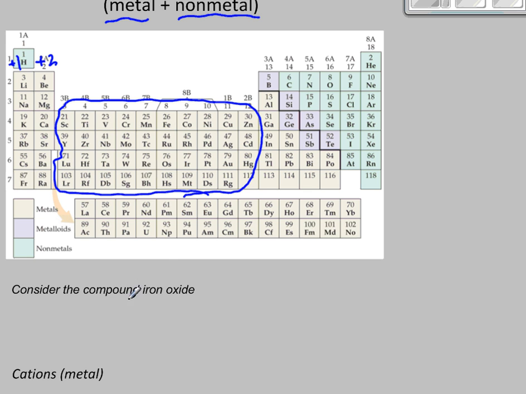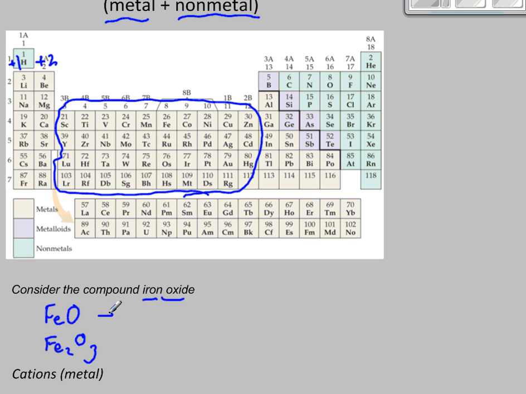For example, if we're going to write the formula for iron oxide, we might write FeO. Okay, well, that could be iron oxide. But we might also write Fe2O3. Now, what's the difference in these?